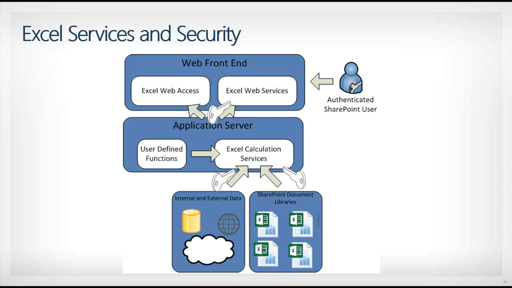Then the web server is going to authenticate using things like Secure Store to authenticate to calculation services, which itself may have its own authentication methodology back to the back-end data, whether it's in a SQL database, in the cloud, or a web service. It doesn't really care. We're just going to check authentication at each step of the way.